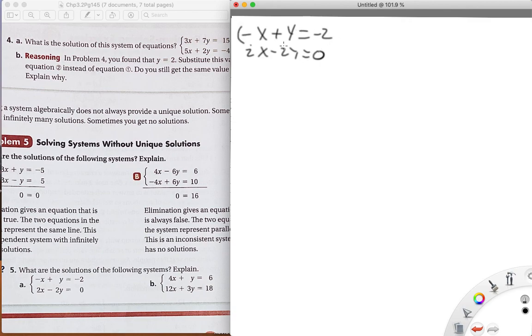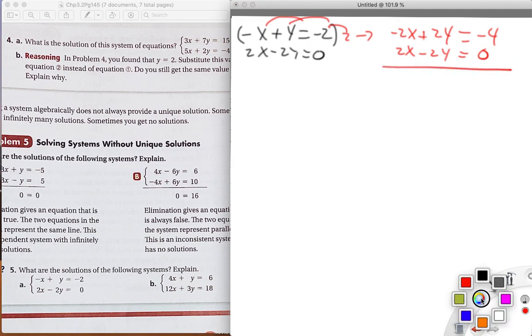I'm going to multiply the first one by 2, so I'm going to rewrite these over here. That gives me negative 2x plus 2y equals negative 4. And then this is 2x minus 2y equals 0.